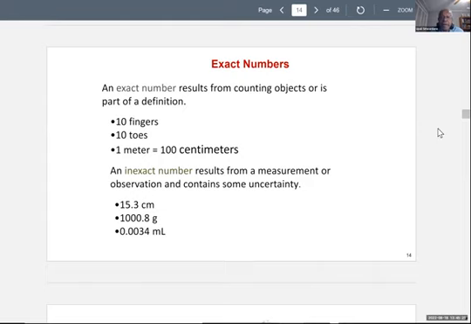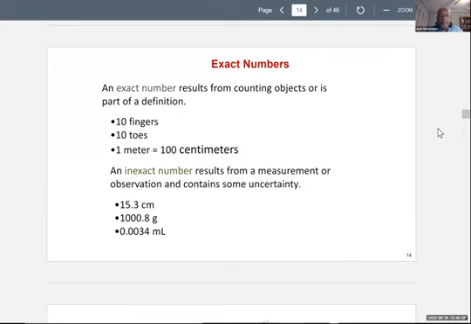What is an exact number? An exact number is one found in unit conversion factors. That comes from a definition. 1 centimeter is equal to a defined number of centimeters, whereas an inexact number results from measurement or observation and contains some uncertainty.